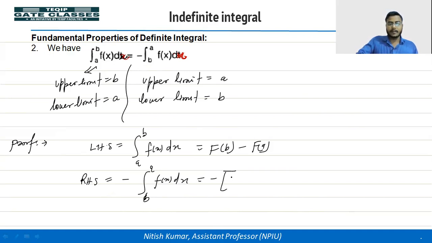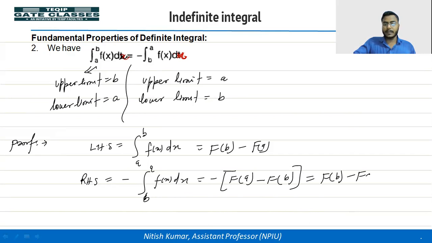We can write function F(a) minus function F(b). We can write or not? We can write. Just multiply by minus and then you can get F(b) minus F(a). You can see right hand side is equal to left hand side.